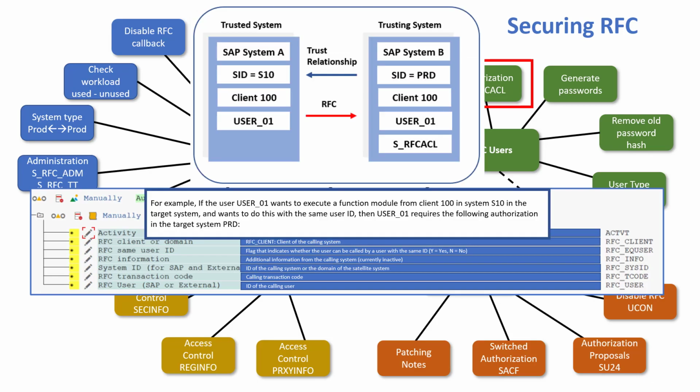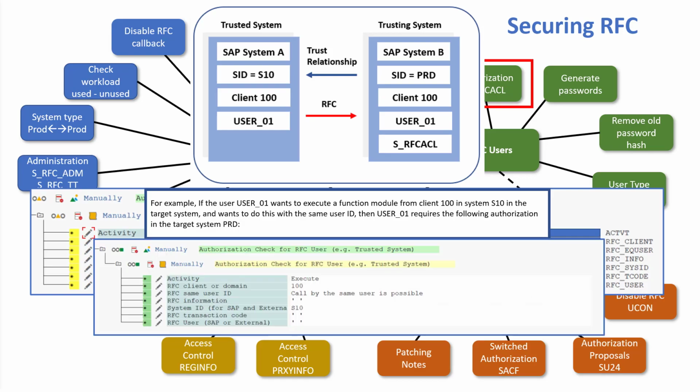So to give you an example, if user 1 wants to execute a function module from client 100 in the system named S10, and they want to do this with their own ID, then that user would require the following authorizations in the target system. For activity, you would have execute or 16. The RFC client would be 100.